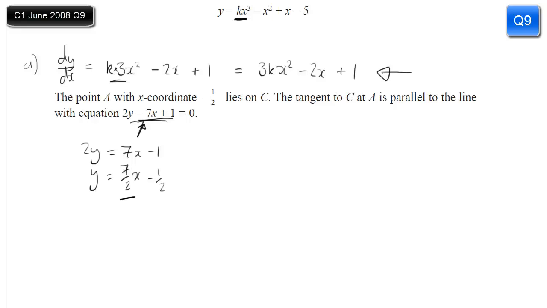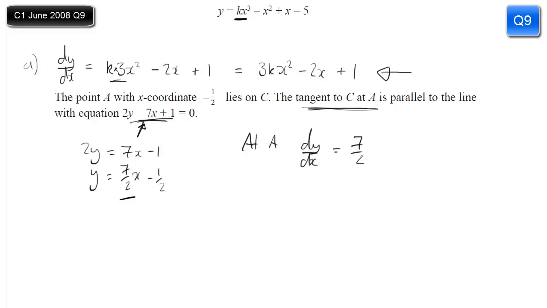So the gradient of that line there must be the same as the gradient of the tangent at A. So that must also be 7 over 2. So what that means is at A, dy by dx must equal 7 over 2. And that's how I find out the value of k.